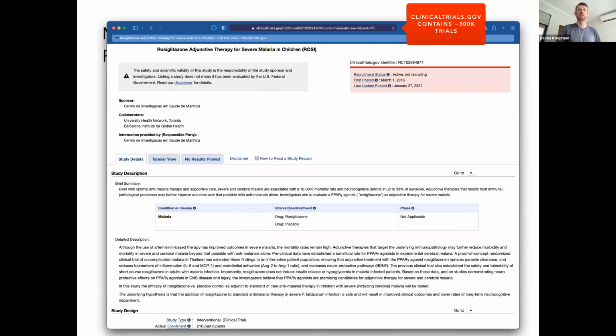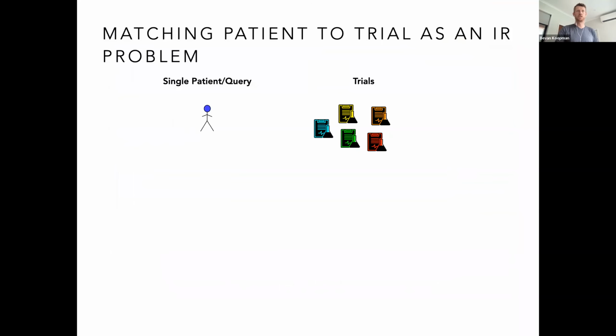Just to give you an idea, this is an example trial from one of 300,000 at clinicaltrials.gov. It's a semi-structured document: title, description, etc. And so what you want to do is, given this patient, generate a ranking of trials such that you can recommend the most likely trial that the patient could enroll in.